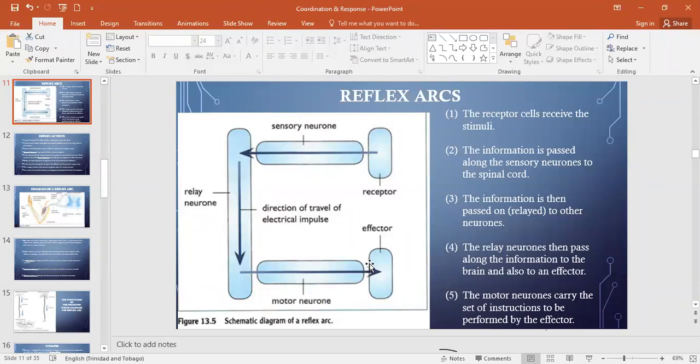And once that happens, you would pull away. The reason your spinal cord is responsible for carrying out that type of action is just so that the action occurs quickly.